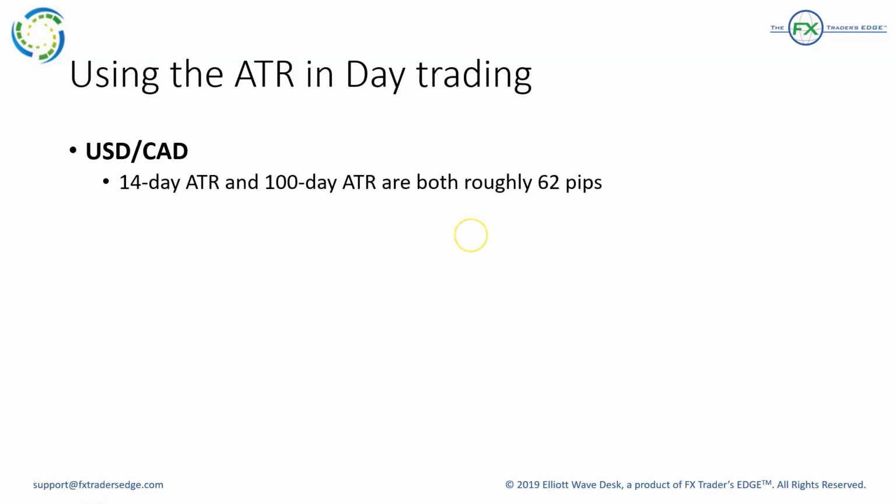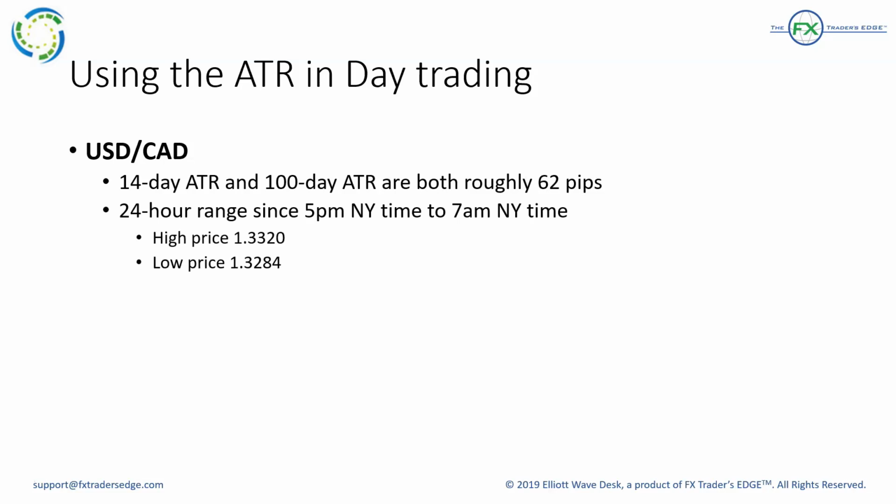The 14-day ATR and 100-day ATR are both roughly 62 pips. The 24-hour range since 5 o'clock New York time to 7 a.m. New York time is with a high price of 133.20 and a low price of 132.84.